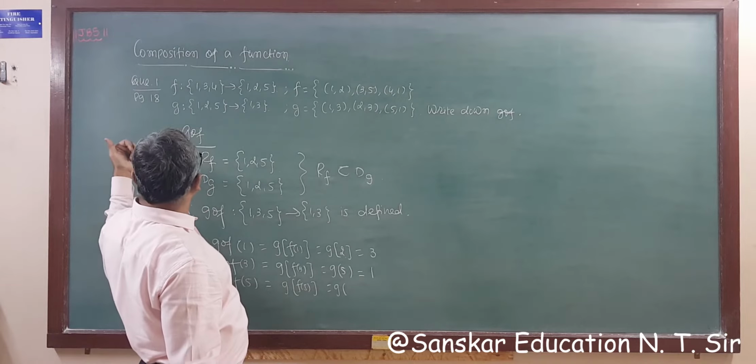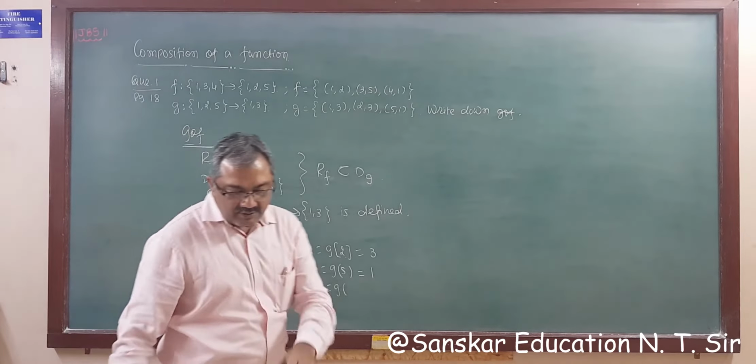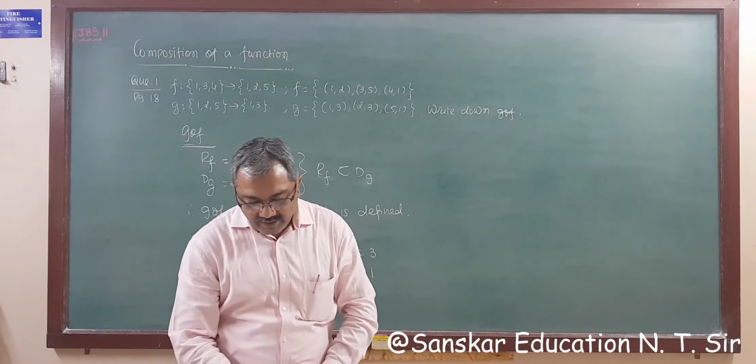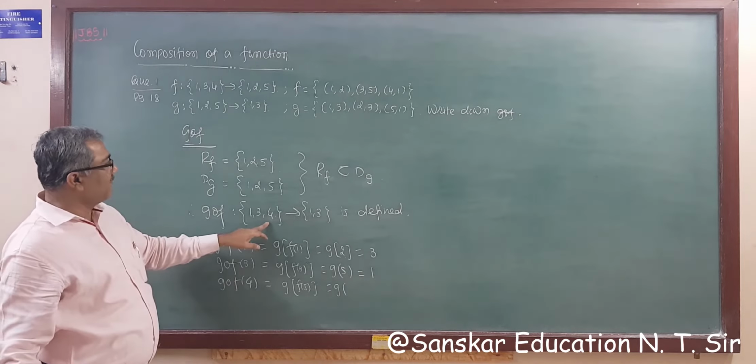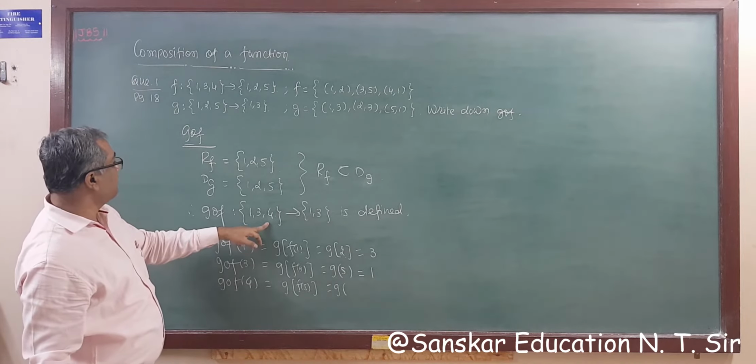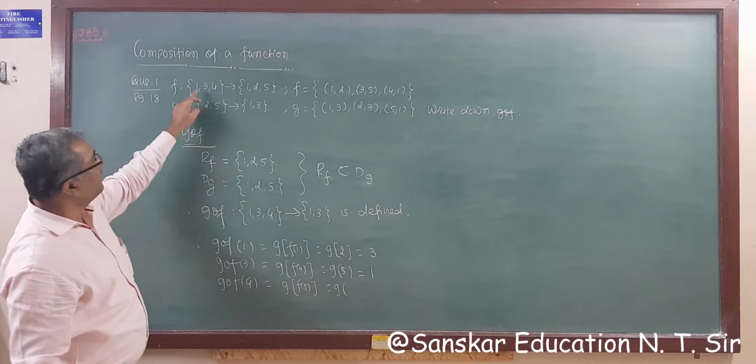G over f is not given for 5. Sorry, this is 1, 3, 4. Sorry, we made a mistake writing 1, 2, 3, 4. It is 1, 3, 4, not 1, 2. So also there is a mistake, I think. Range of f is 1, 2, 5. Okay, we write the range down here.